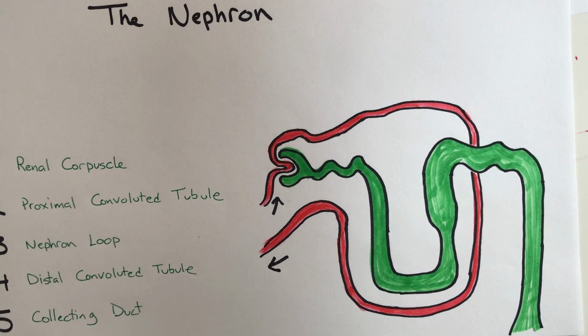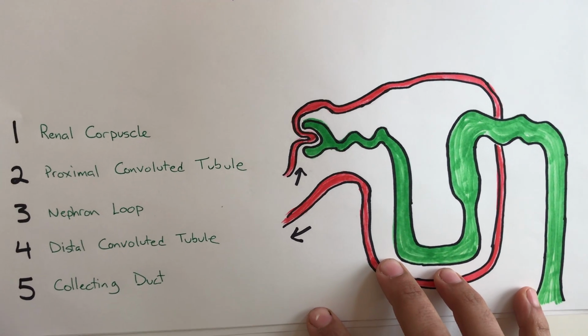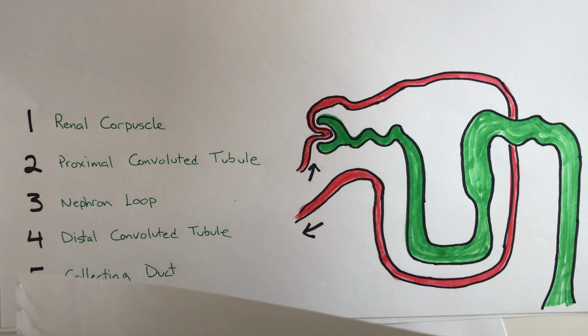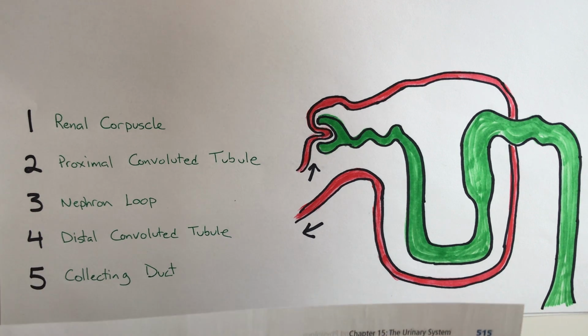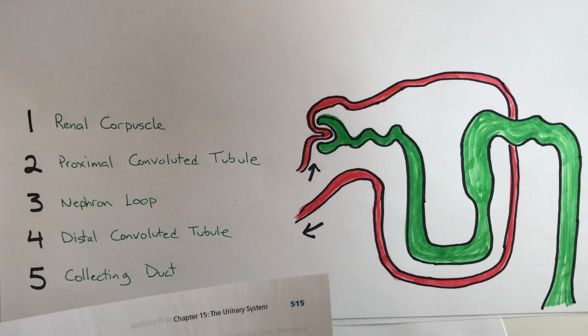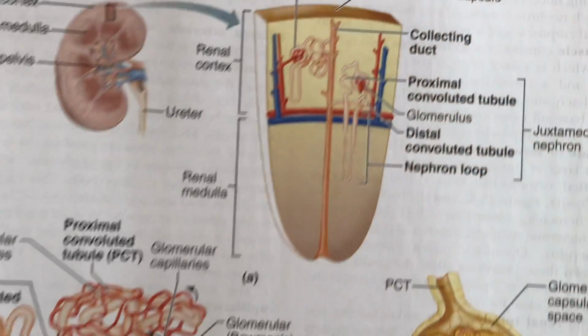We're talking amino acids, glucose, electrolytes, potassium, sodium, and so on. It's important to note that there are two different types of nephrons. We have the cortical nephron and we have the juxtamedullary nephron.